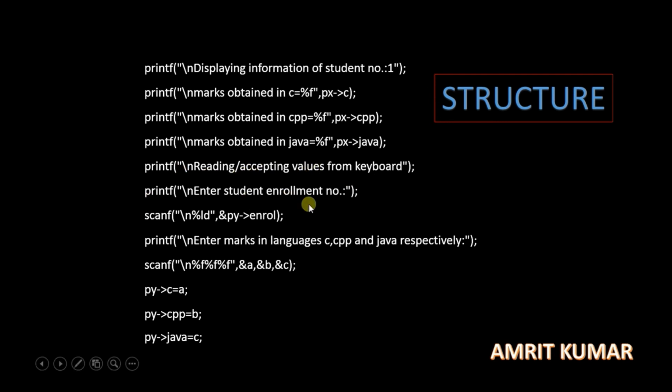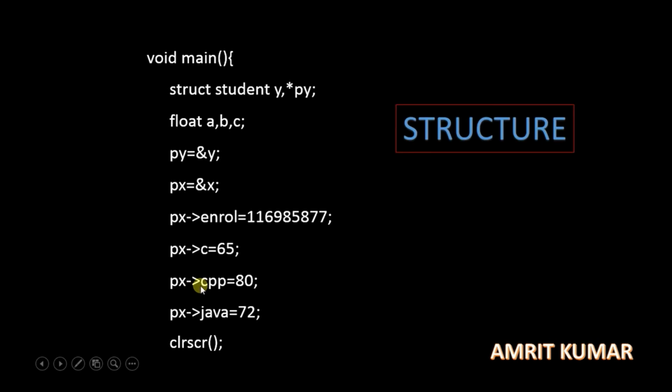Then the user enters values such as the student enroll number here, and that number is going to be carried in py, and in a similar way in the A, B and C variables. I am assigning the value of A into the pointer py of C. So py is a pointer of a struct data type, so it can access each and every member of a structure.